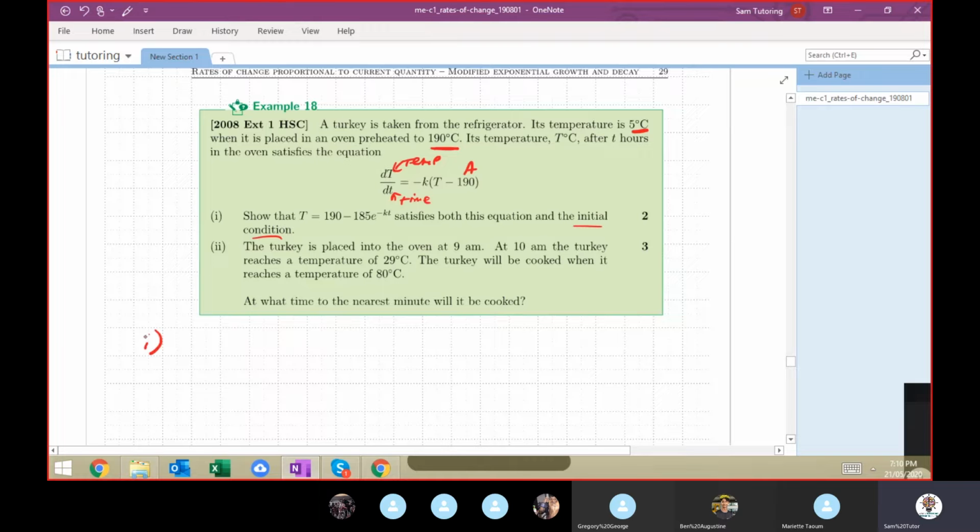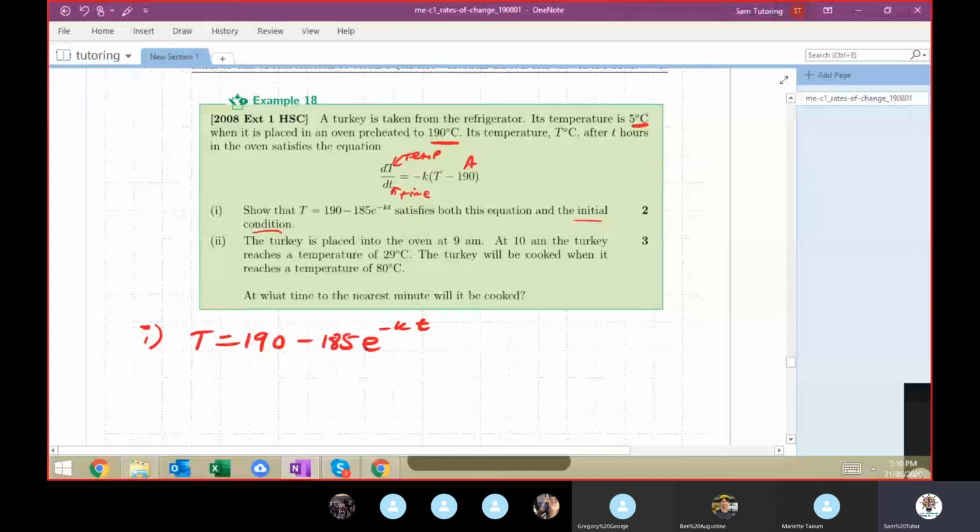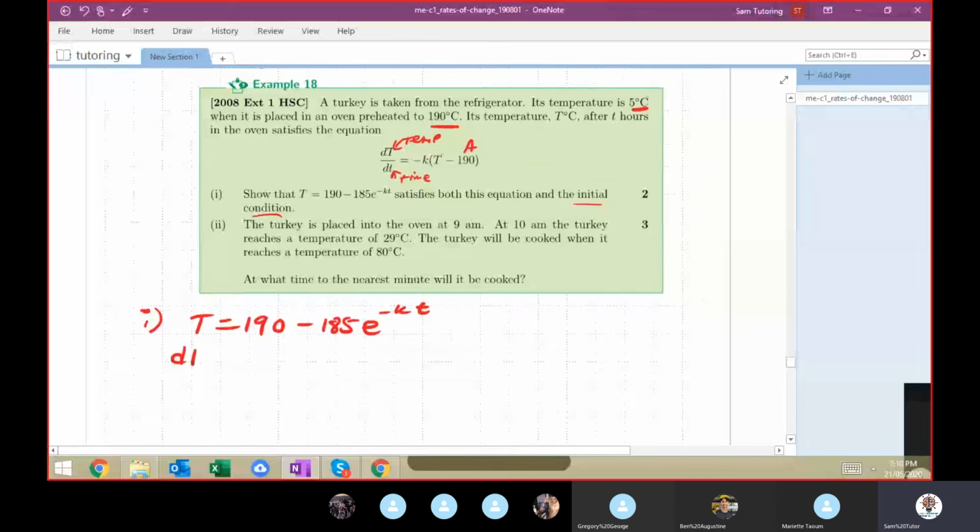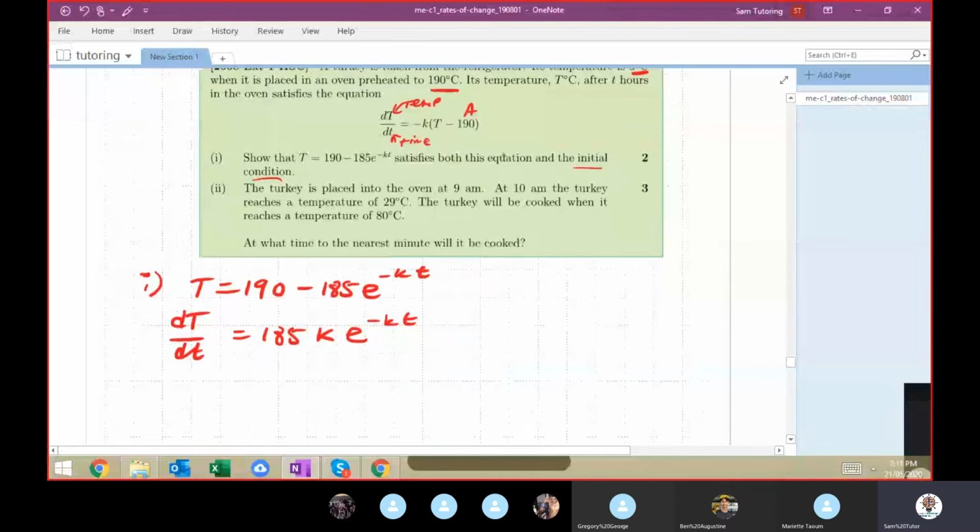Okay, so all you've got to do for part one is differentiate it, dT/dt. You bring the negative down, that becomes a positive, so 185k, right? Negative k times negative 185 is positive 185k e^(-kt). Now you can see they factorized a negative k out, so you're meant to factorize a negative k out.